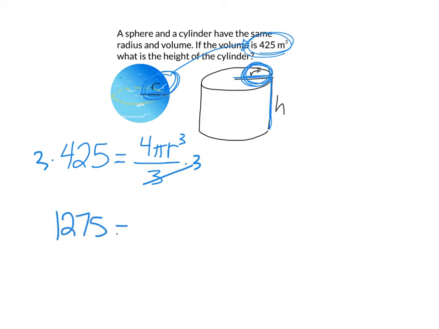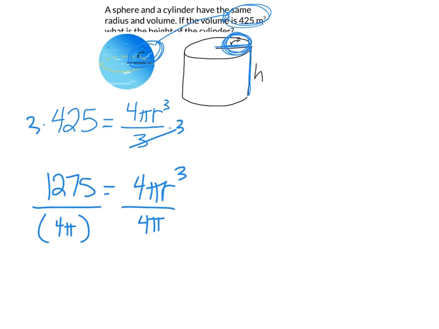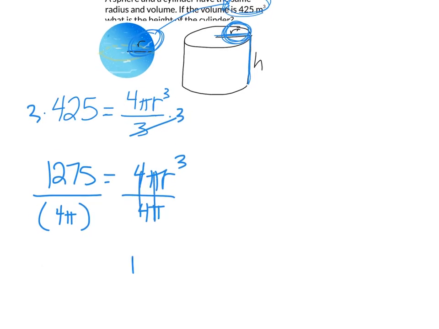1275 equals 4 pi r cubed. Divide both sides by 4 pi, remembering to put this in parentheses in your calculator. Radius cubed equals 101.46 and change.